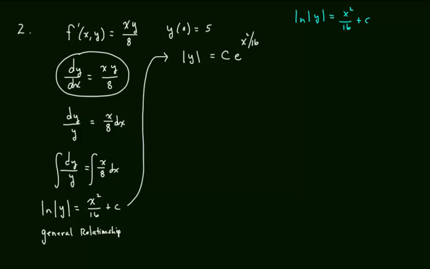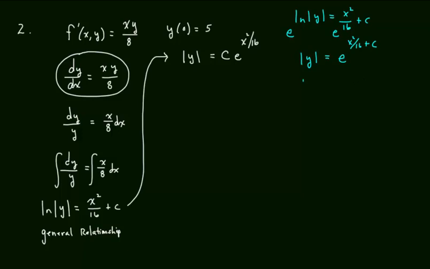Okay. Again, if I exponentiate both sides, the e and natural log cancel out to give me the absolute value of y. And then this is going to be e to the x squared over 16 plus c, all of that in the exponent. One of the important features of this unit is the careful placement of c. In earlier units, c was just tacked on at the end of some polynomial, but now c gets special consideration due to its location.